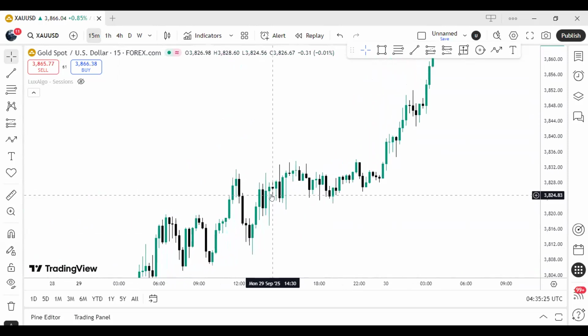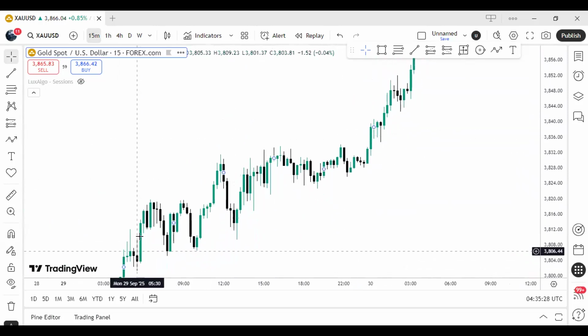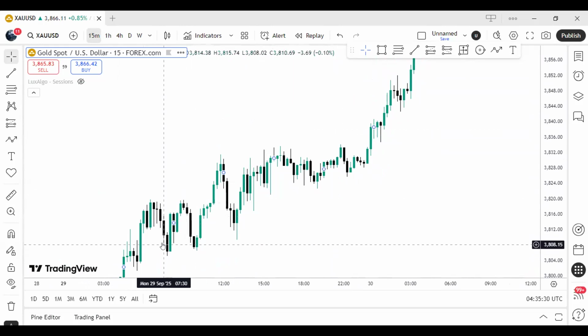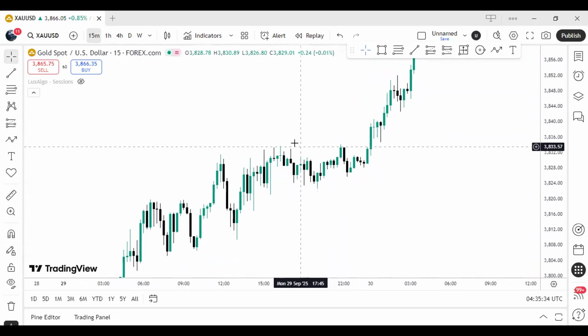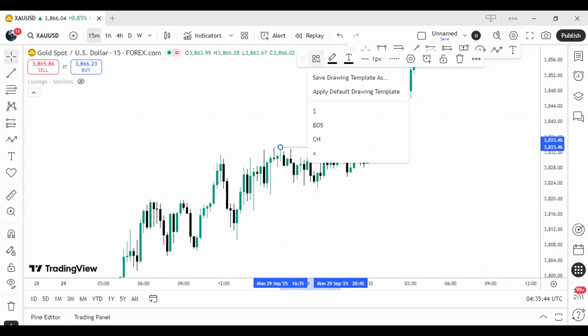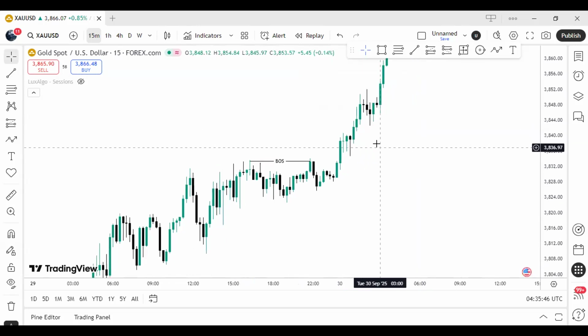All right. So there was no valid break of structure anywhere here because there was no inducement taken out, except, okay, this was a break. This was a break of structure. Why?